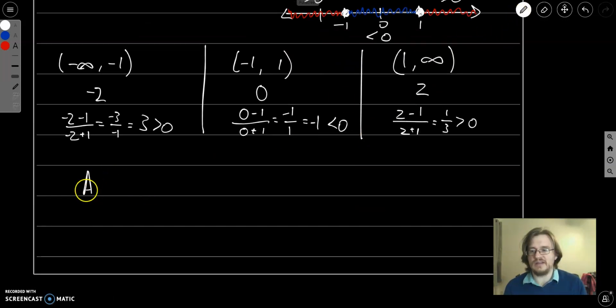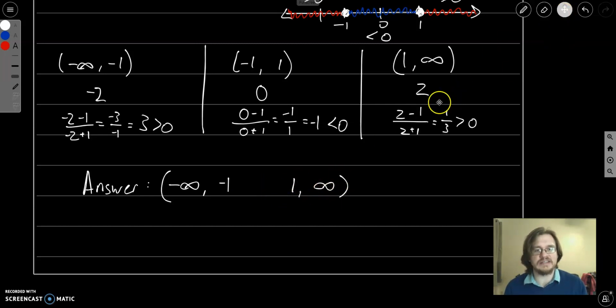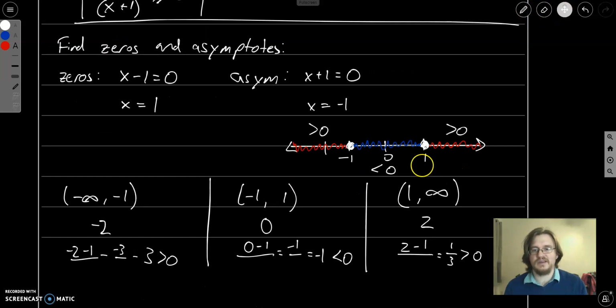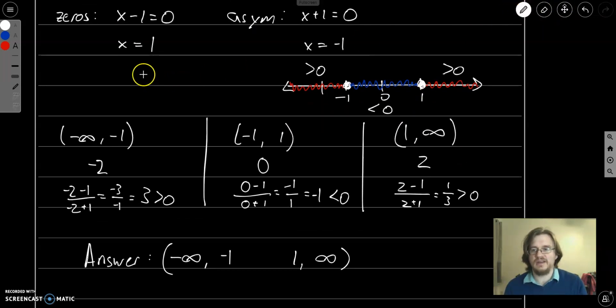So our answer: we know that the region from negative infinity up to negative 1, I'm going to leave that for a second, and the region from 1 to infinity is going to be all positive, but we have to include where our fraction is equal to 0.